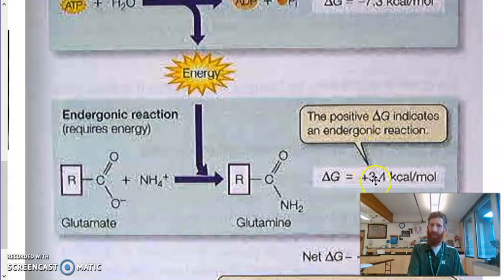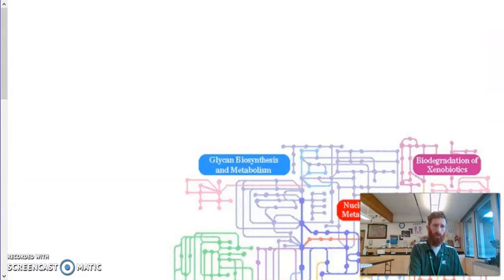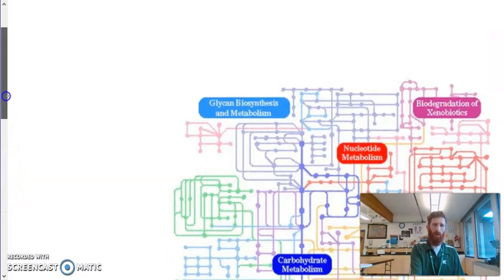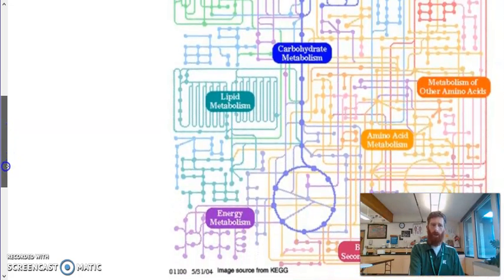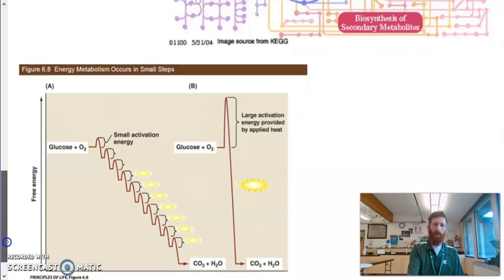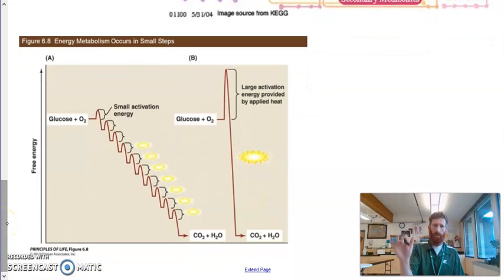That requires energy, which was supplied by this ATP being broken down. So something's broken down, something else is built up. That's one type of coupled reaction, and we see those all throughout the diagram we have already looked at. And just as a reminder, we have so many little dots and so many little lines because we want to release very small packages of energy. We don't want to release energy all in one big thing.